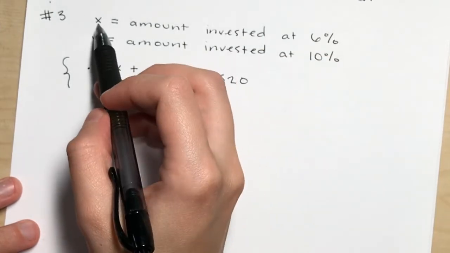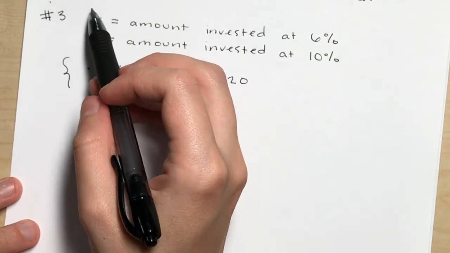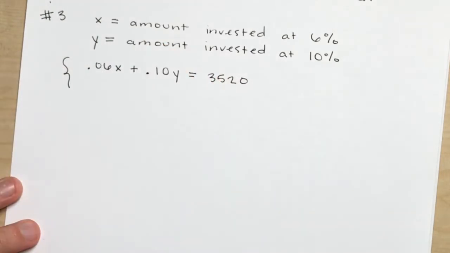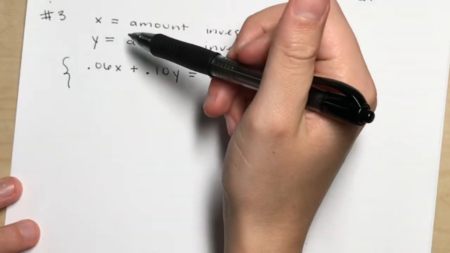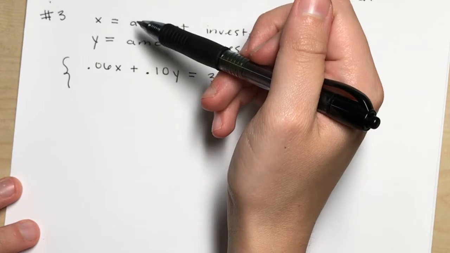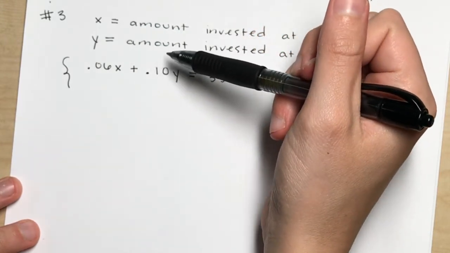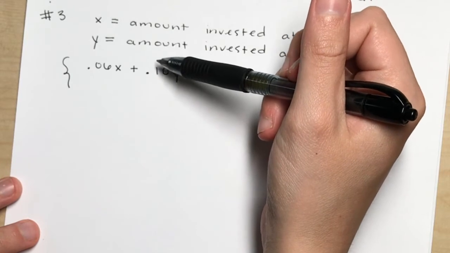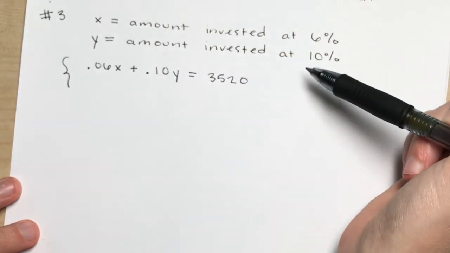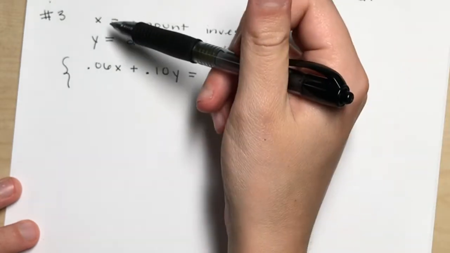We know that either x is 2 times y or y is 2 times x. Which one is it? So which one is going to have more money in it, x or y? Well, he's putting more in the lower yielding account, so x is going to be bigger.